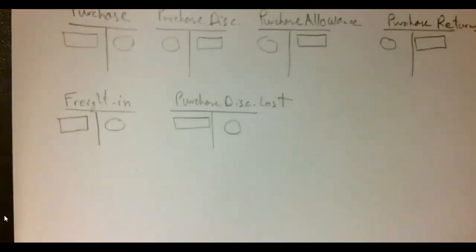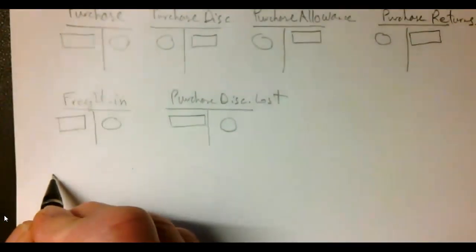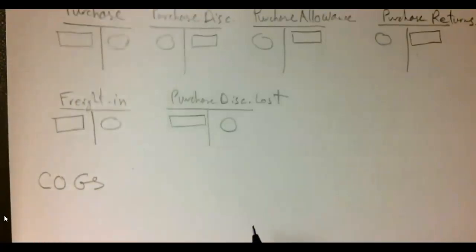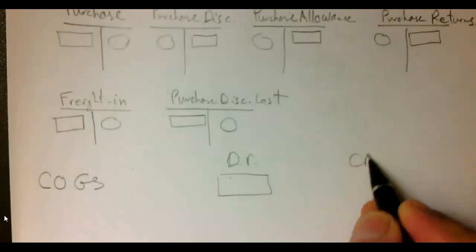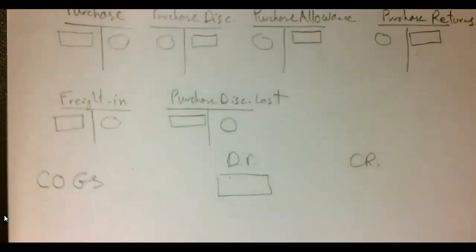So how do you do all those? First of all, you need to recognize the cost of goods sold. That's a debit right there, and that's a credit, right?